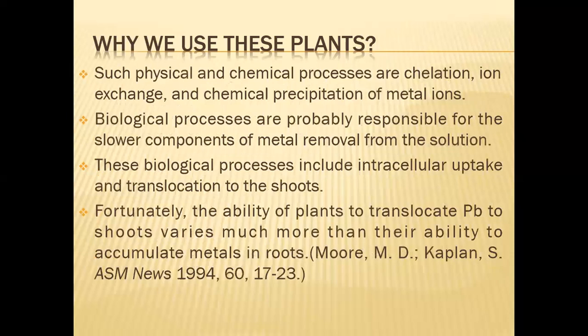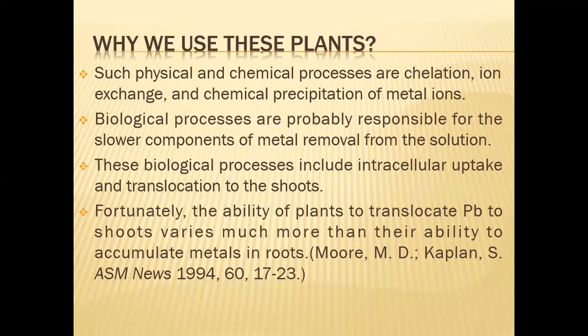Such physical and chemical processes are chelation, ion exchange, and chemical precipitation of metal ions. Biological processes are probably responsible for the slower components of metal removal from the solution. These biological processes include intracellular uptake and translocation to the shoots.